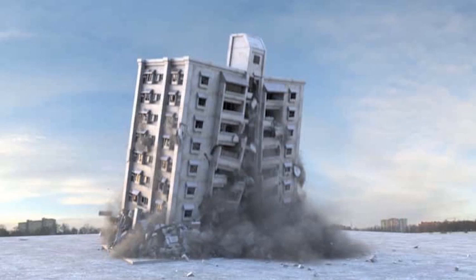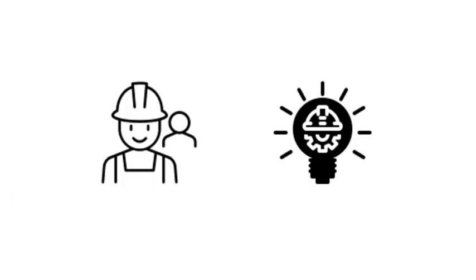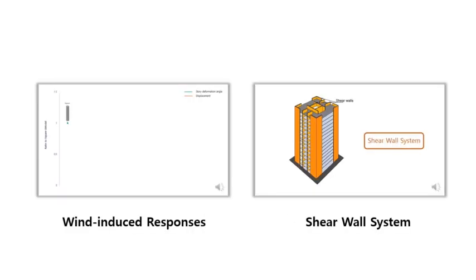Therefore, wind loads are more likely to cause resonance and the collapse of skyscrapers. What methods did the engineers of Absolute World use to cope with wind loads? They adopted two ways to deal with the wind load problem.